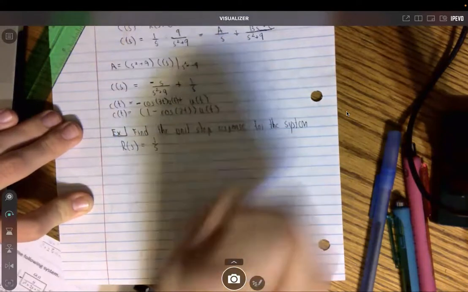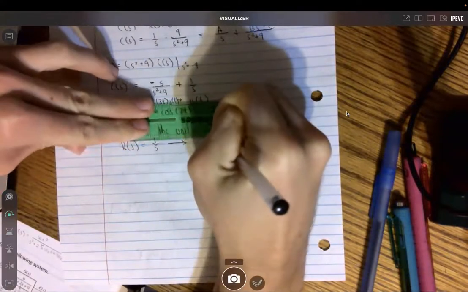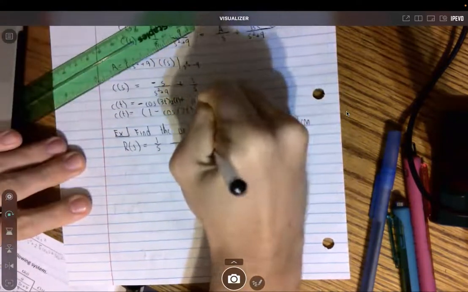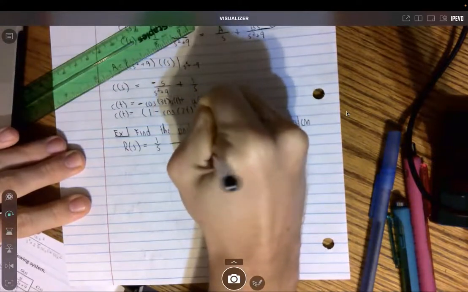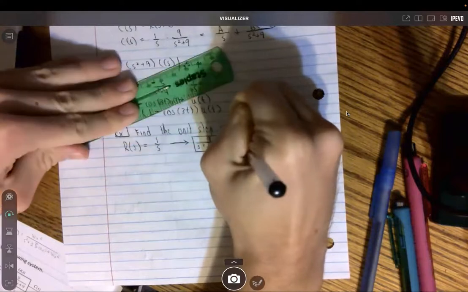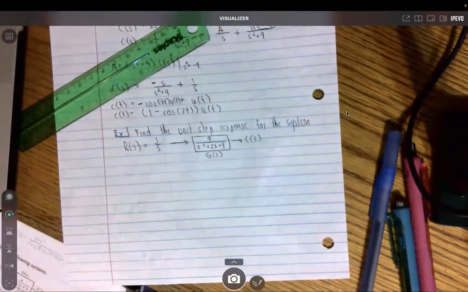So take the Laplace transform, that's 1 over s. And that's going to pass through our system, which is given here by the block diagram of 9 over s squared plus 2s plus 9. And then that's going to create our output C(s). So this is our G(s), of course, our system.